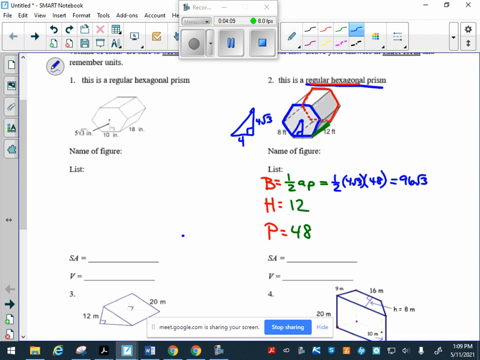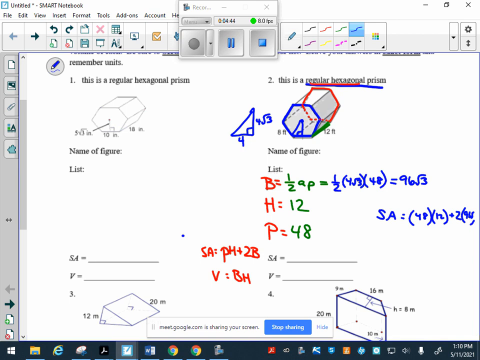All right, so surface area is PH plus 2B, and volume is BH. So for surface area, P is 48, H is 12, plus 2 times the area of the base, 96 root 3.